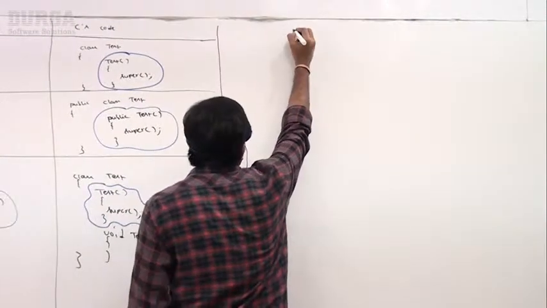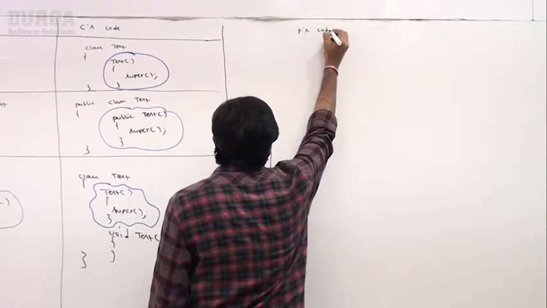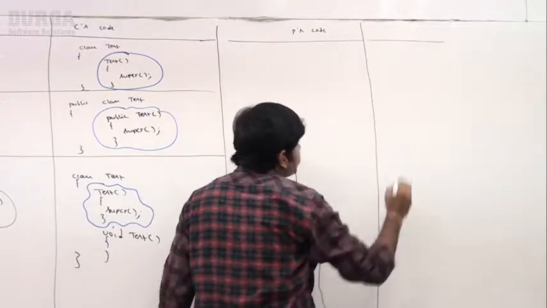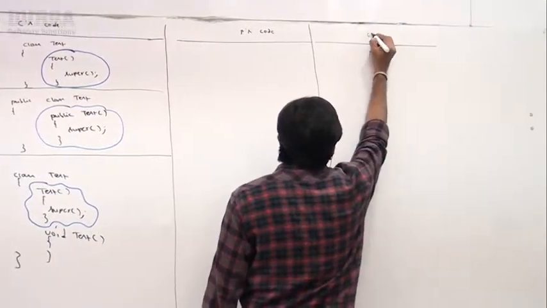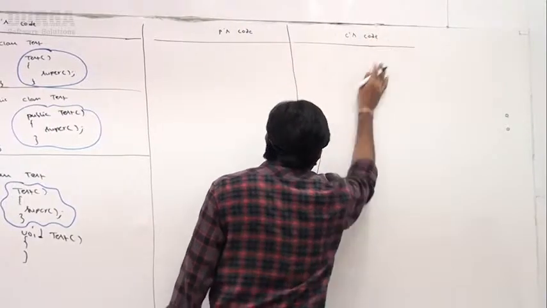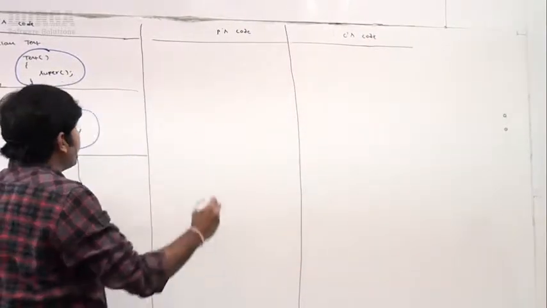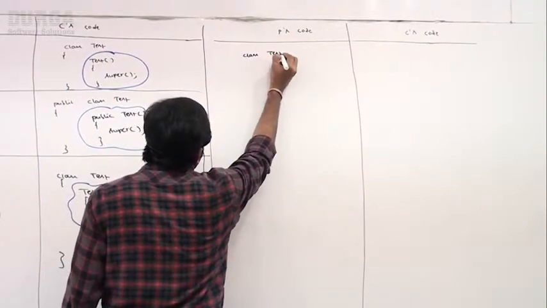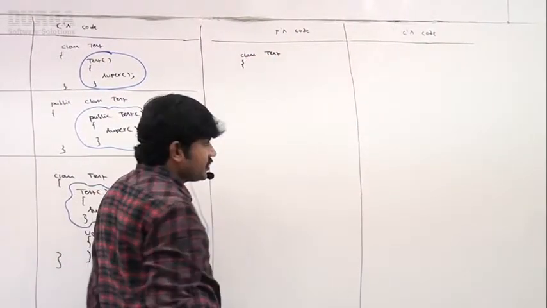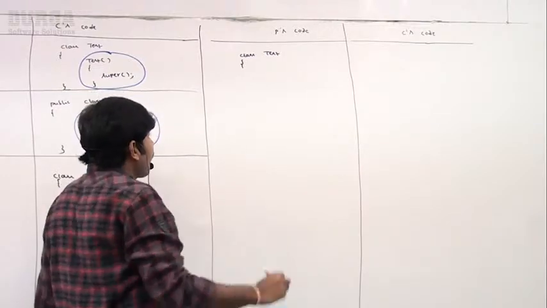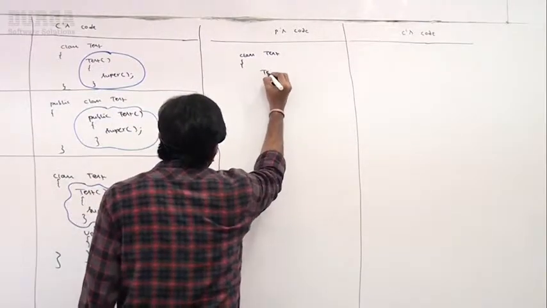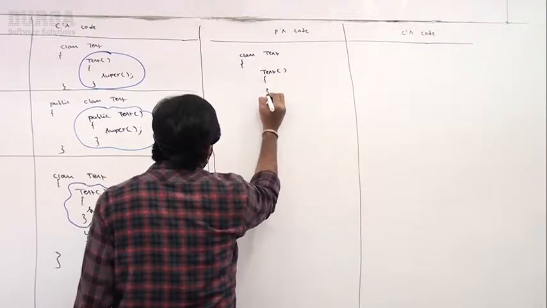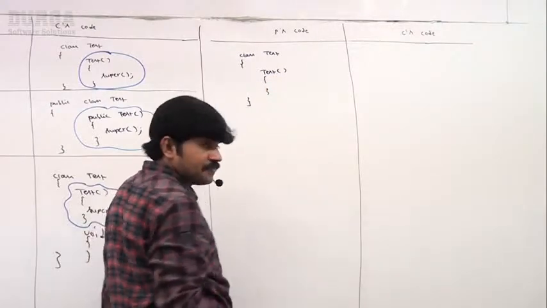Here again, programmer's code and compiler's code. Let me take the same table as a continuation. Now I'm taking class test, programmer's code, class test. Here I'm taking test, that's it.